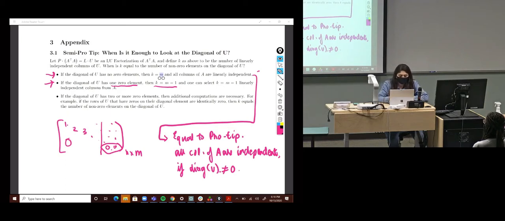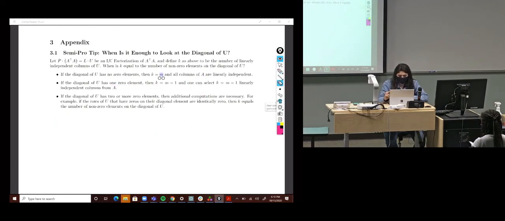And the last case is if you have more than one zero, which is where I think most of the confusion is. So what happens if you have more than one 0?